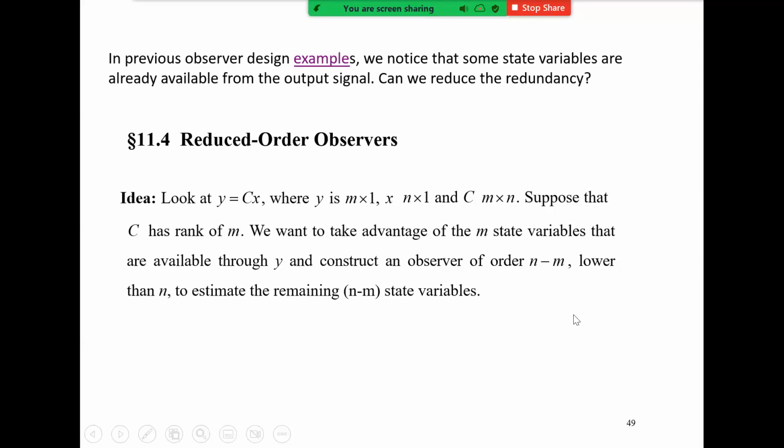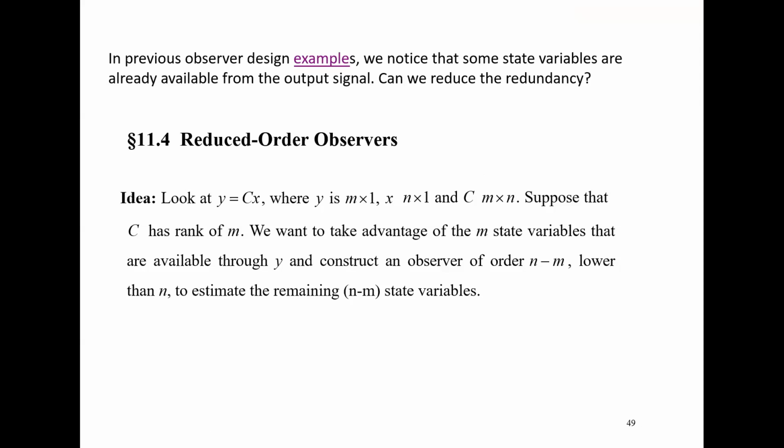Then we want to take advantage of these m output signals. We know they will correspond to m state variables. Of course, they may not correspond to the original state variables, but remember, we can transform the state variables, there are many kinds of transformation.